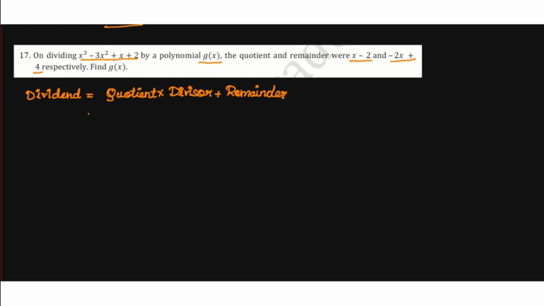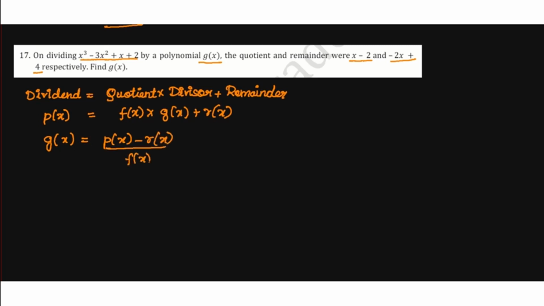Now for convenience I'm going to name the dividend as p of x, the quotient as f of x, the divisor as g of x, and the remainder as r of x. Where we have to find g of x, so g of x is equal to p of x minus r of x by f of x.